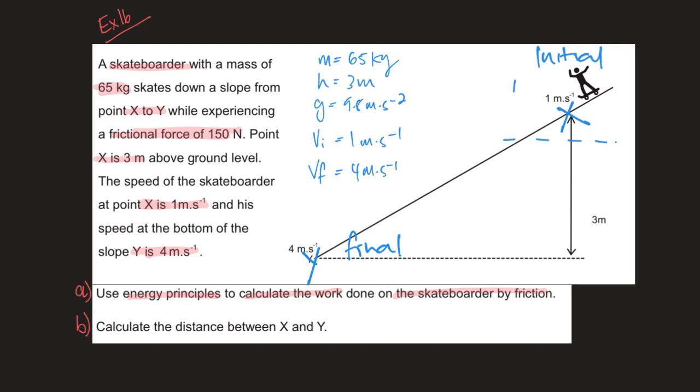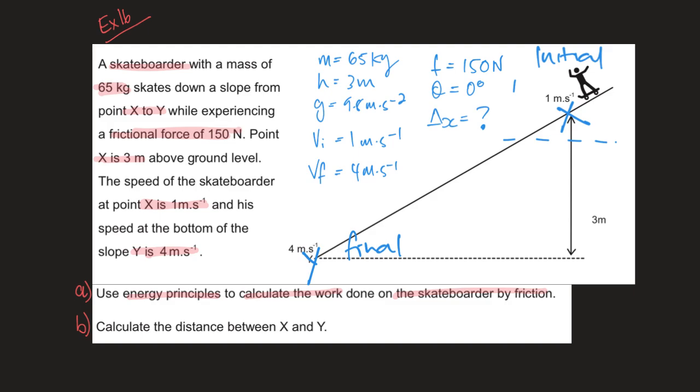We've then got the force of friction equal to 150 newtons. We know that the theta value is 0 degrees. We don't know delta x. That's information that's missing here.